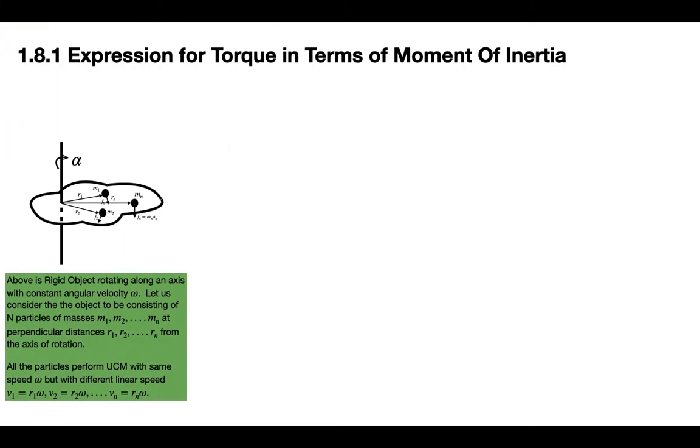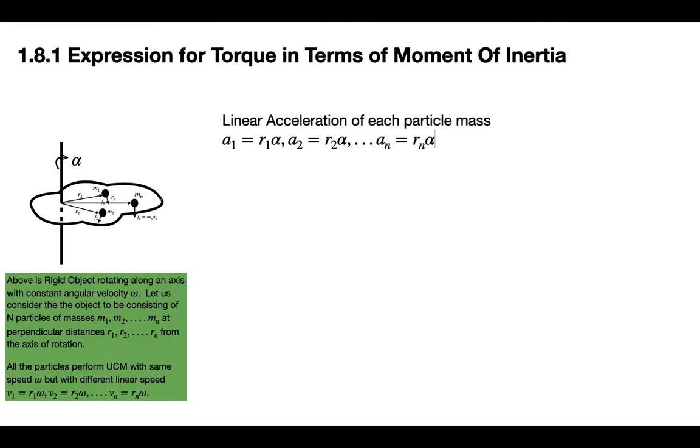Now we look at the expression of torque in terms of moment of inertia. Again, we consider the same kind of example, with the object rotating and having masses m1, m2 at distances r1, r2.